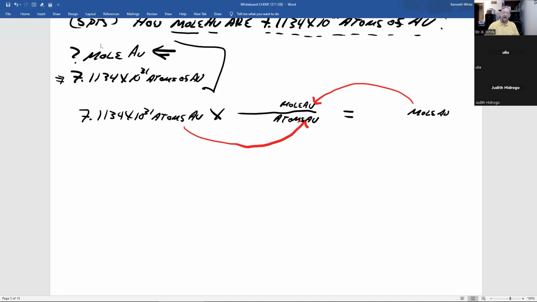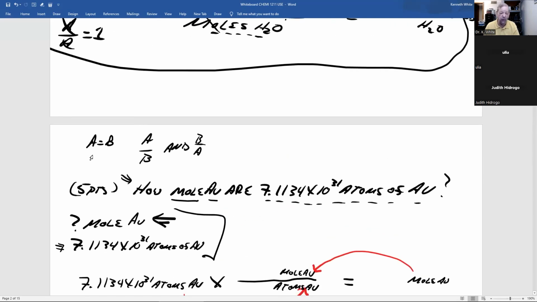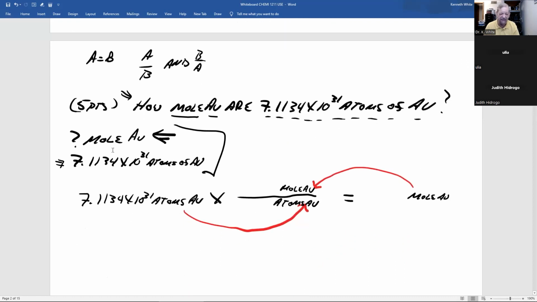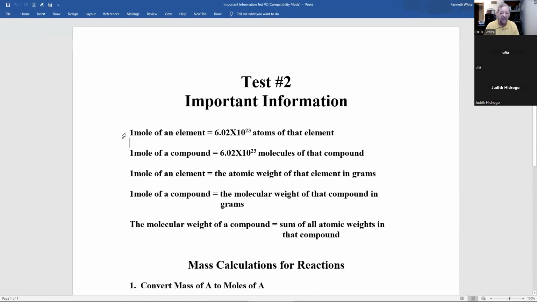Now where do we get a relationship between moles of an element and atoms of an element? In the past, students would have to memorize this. Good news. You can go to important information, test number 2.